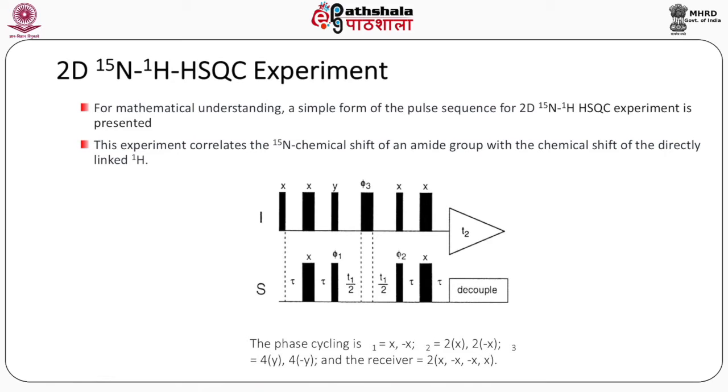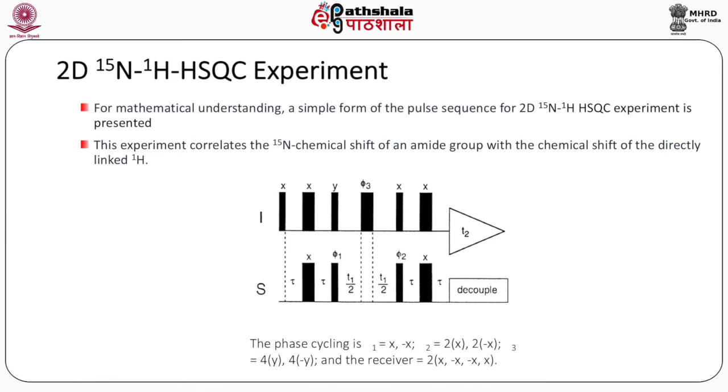For mathematical understanding, a simple form of the pulse sequence for 2D N15 proton HSQC experiment is presented as is shown in the figure. You have various pulses on the I channel, which is the proton channel, and the S channel, which is the N15 channel.